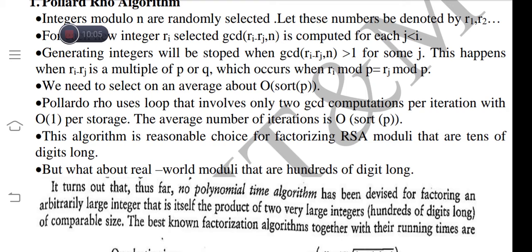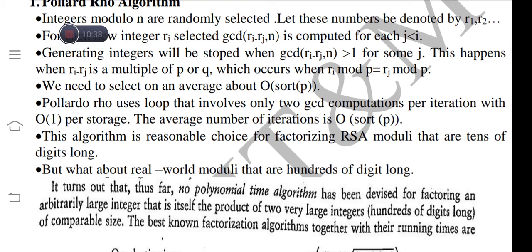So what if we have moduli that are hundreds of digits long? As of now, there is no polynomial time algorithm devised for factoring an arbitrarily large integer that is itself the product of two very large integers of comparable size.